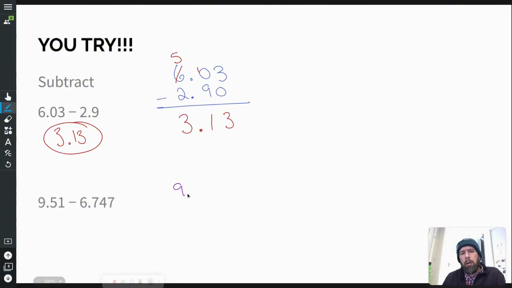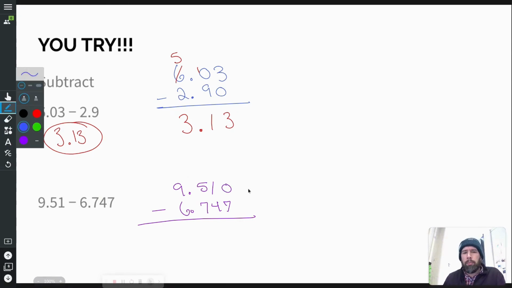All right. 9 and 51 hundredths minus, line up the decimals, 6 and 747 thousandths. Let's attach a 0 there. Work right to left. So 0 minus 7 can't do it. Borrow from you, make you a 0. 10 minus 7 is 3, my bad. 0 minus 4 can't do it.